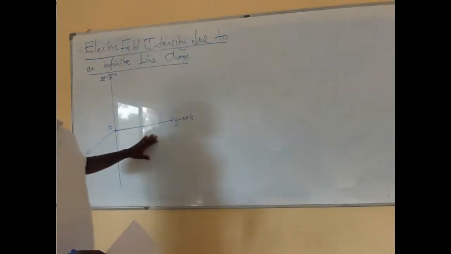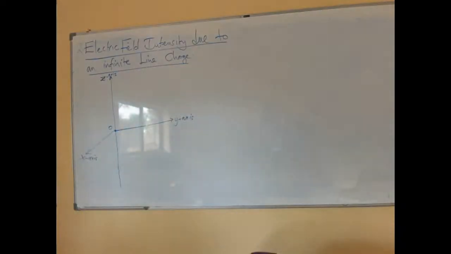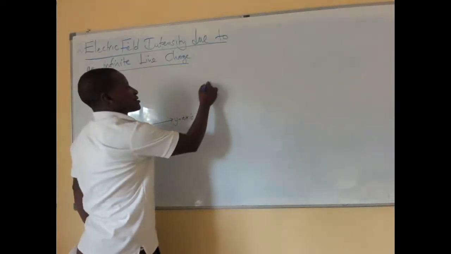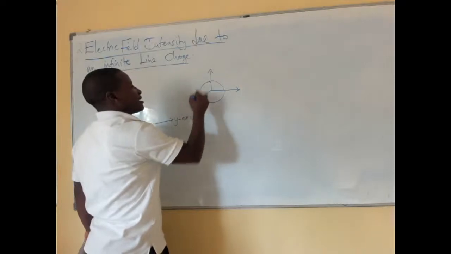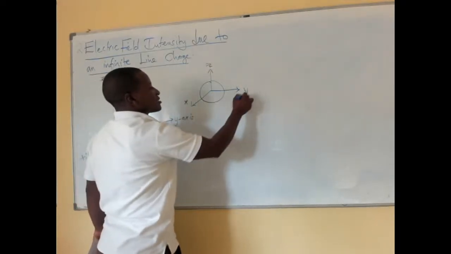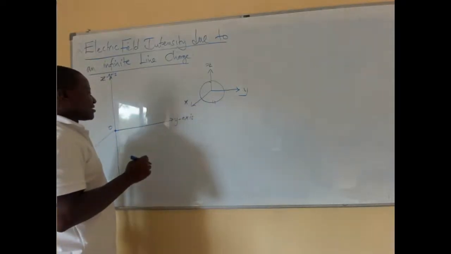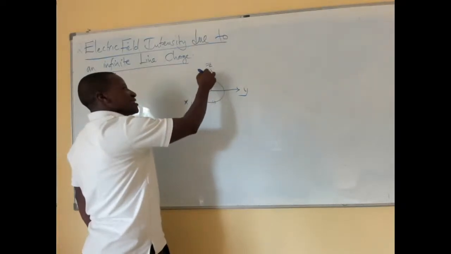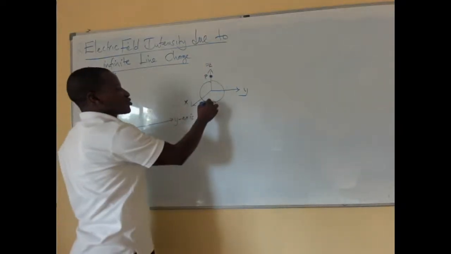Remember what we had done with the ring. We had a ring like this, and we put our x, y, and z axes here. This is z, this is x, that is y. Then we had cut a small element and put a point here, point P, to get the charge or the force due to that small element.